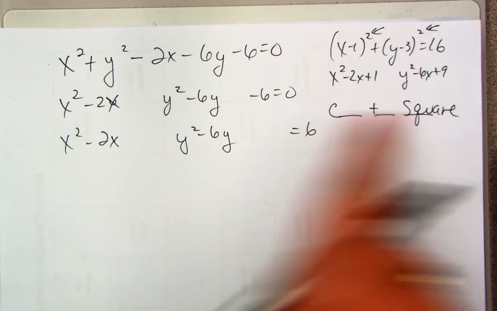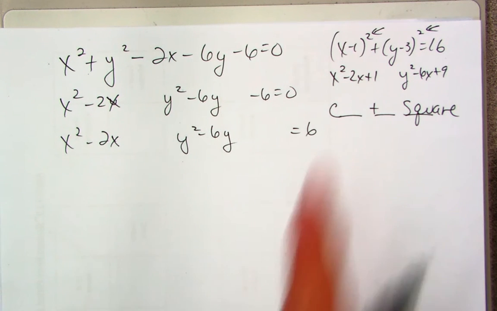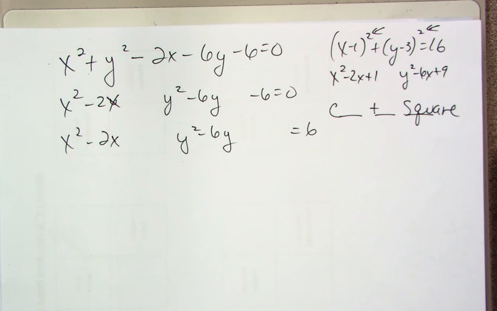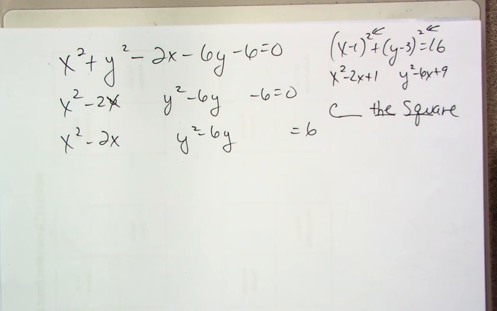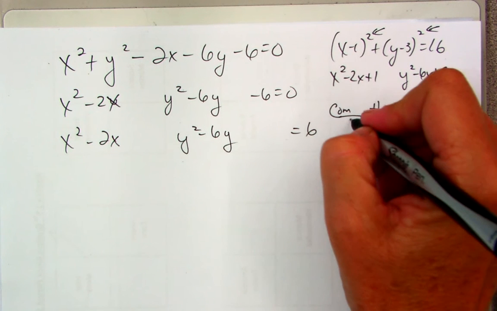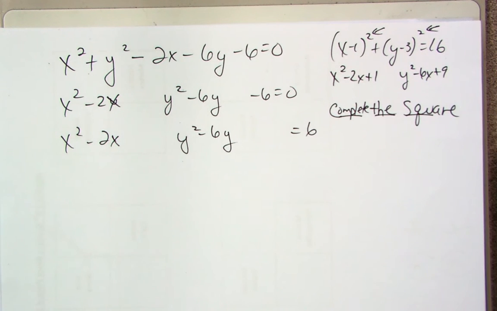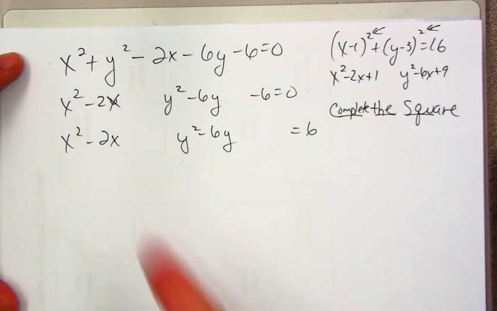I need to do this to make it look like that. Oh. See, I knew it was in there. Okay, complete the square. All right, let's go complete the square.